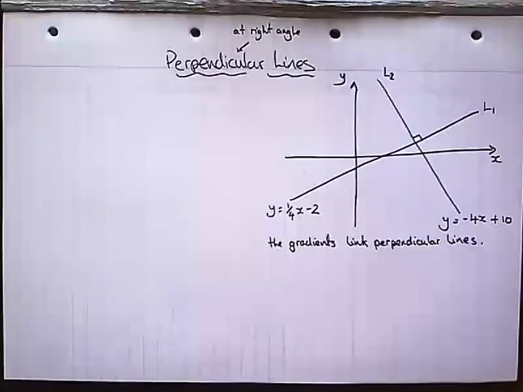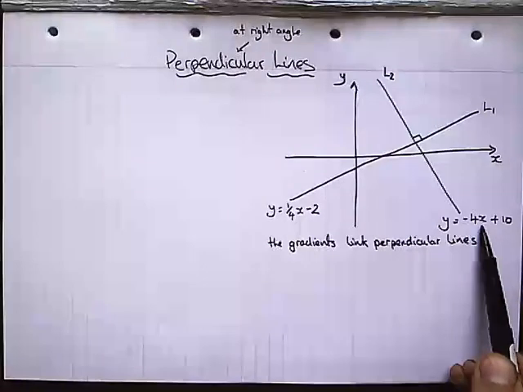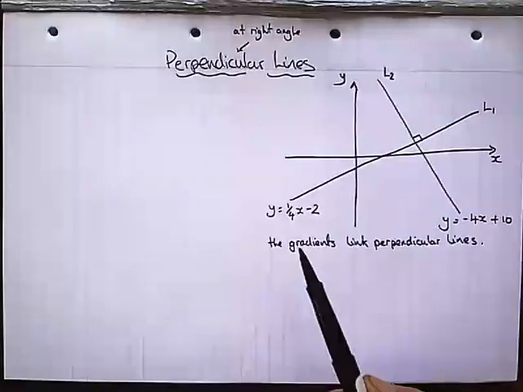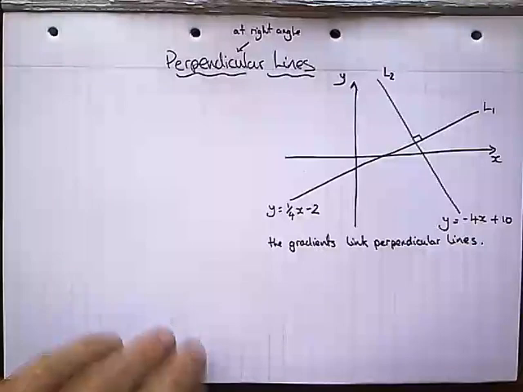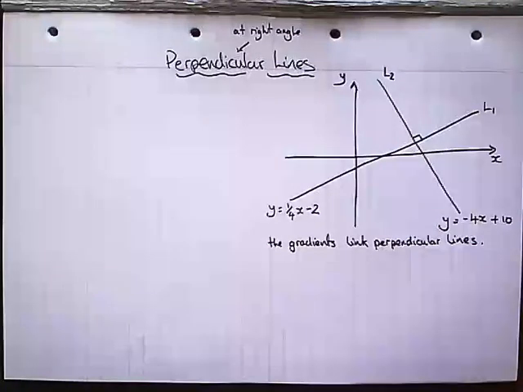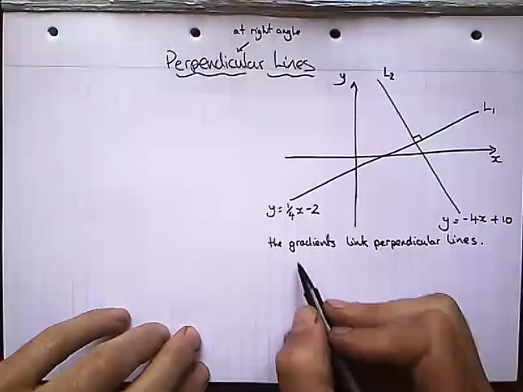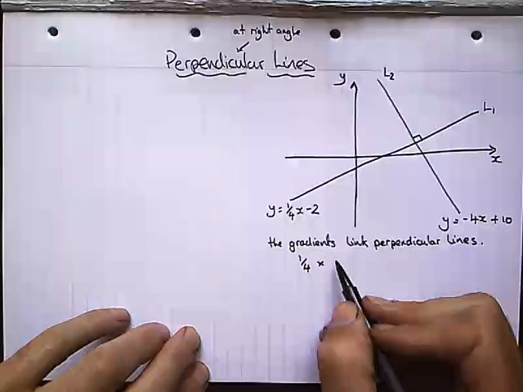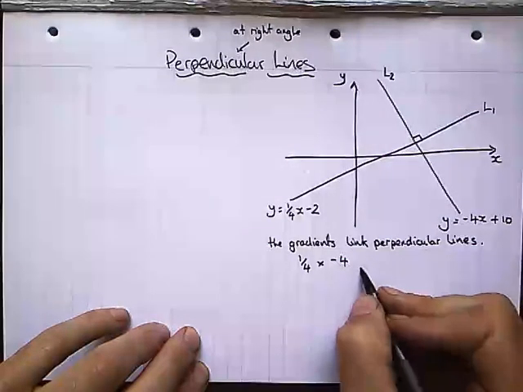What's interesting about these two gradients? The gradient of line 2 is -4. The gradient of line 1 is 1/4. Now the link is, and it's quite easy to play with once you've practiced it a little bit, that 1/4 times -4, taking the two gradients, is equal to -1.